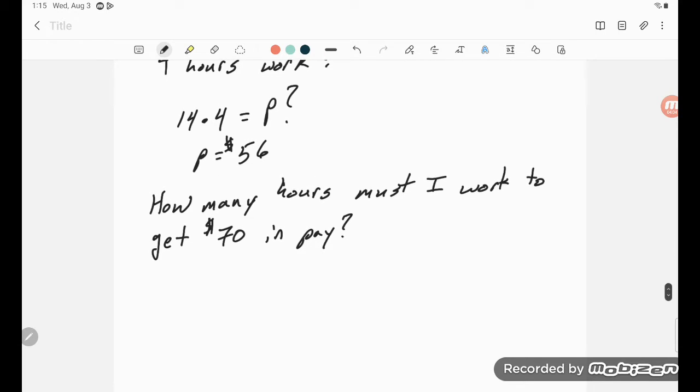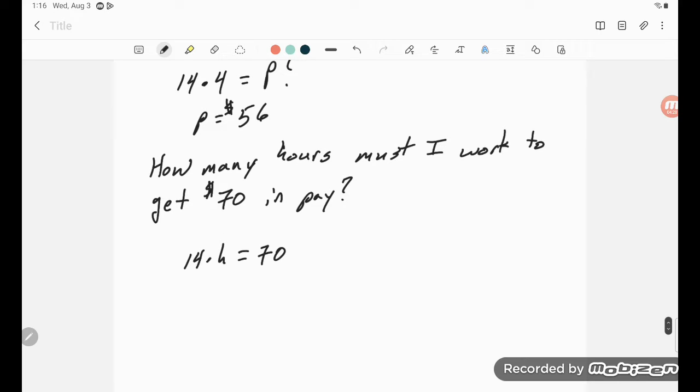Well, and that sets up this equation again, an equivalency, because I know that if I take 14 times my H, 14 times my number of hours, that should be equal to the number 70. And so now I get this equation.